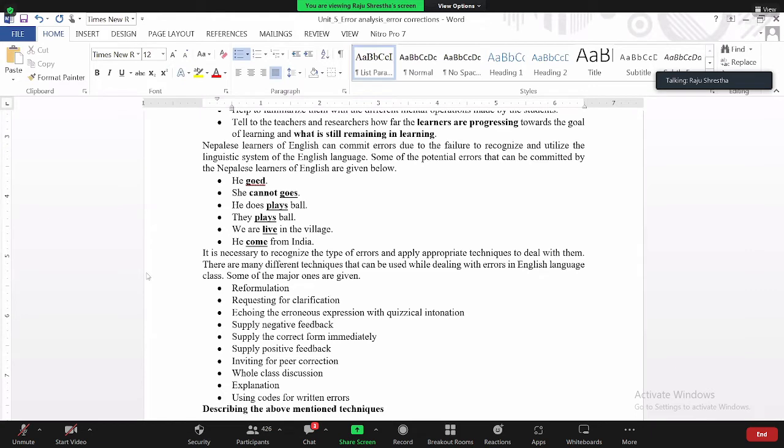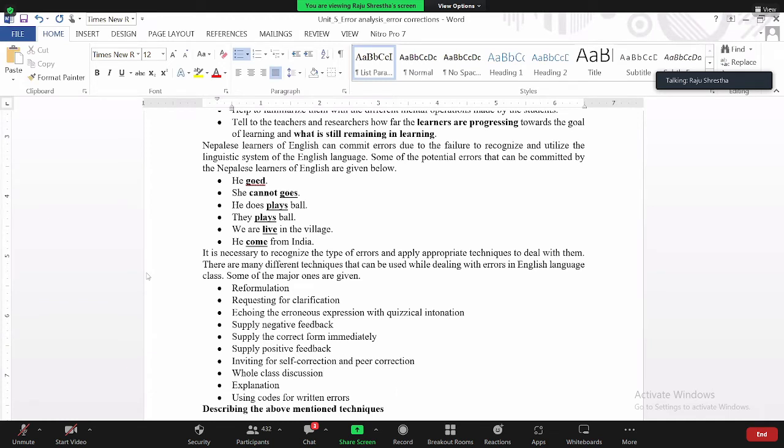echoing the erroneous expression, supply negative feedback, supply the correct form immediately, supply positive feedback, inviting peer correction, self correction, peer correction. We can put emphasis on self correction also, self correction and peer correction.